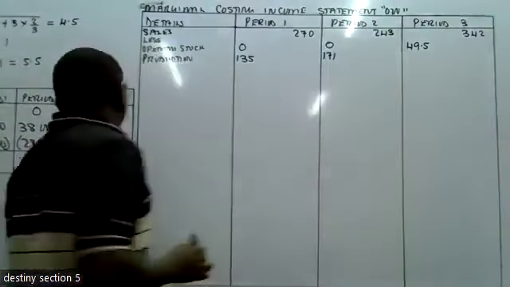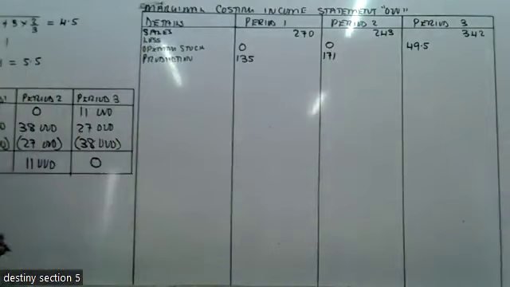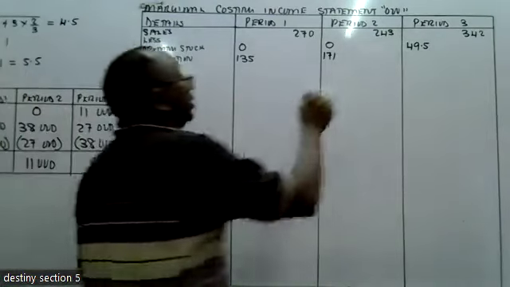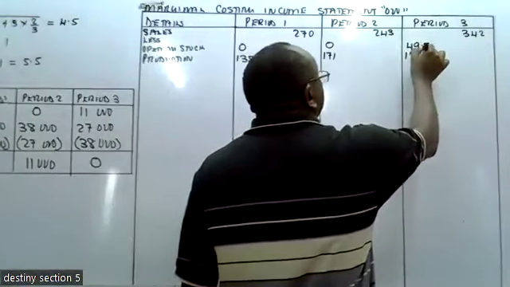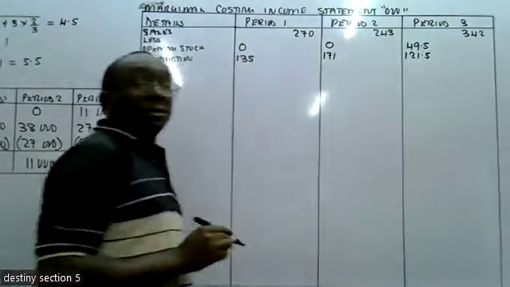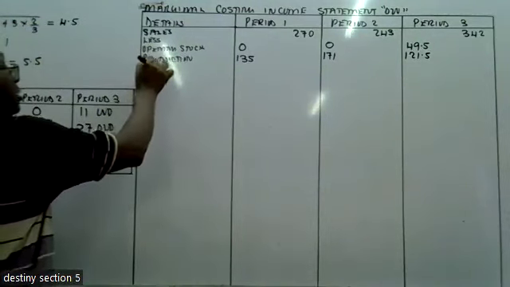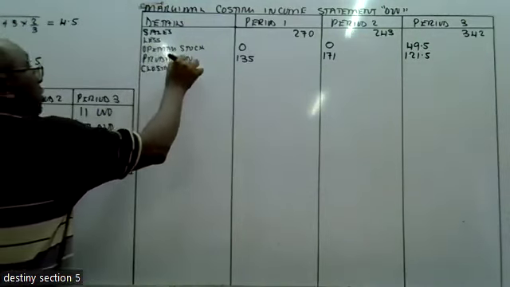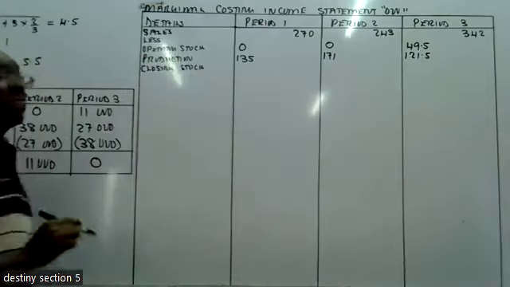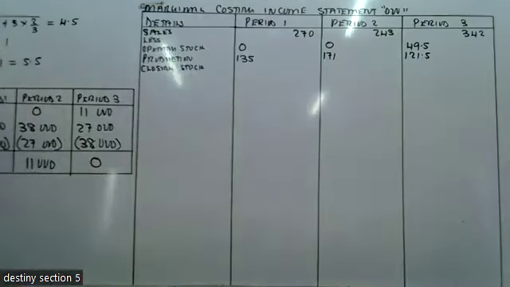171. 27 times 4.5 is 121.5. Closing stock. Now, closing stock is 0.